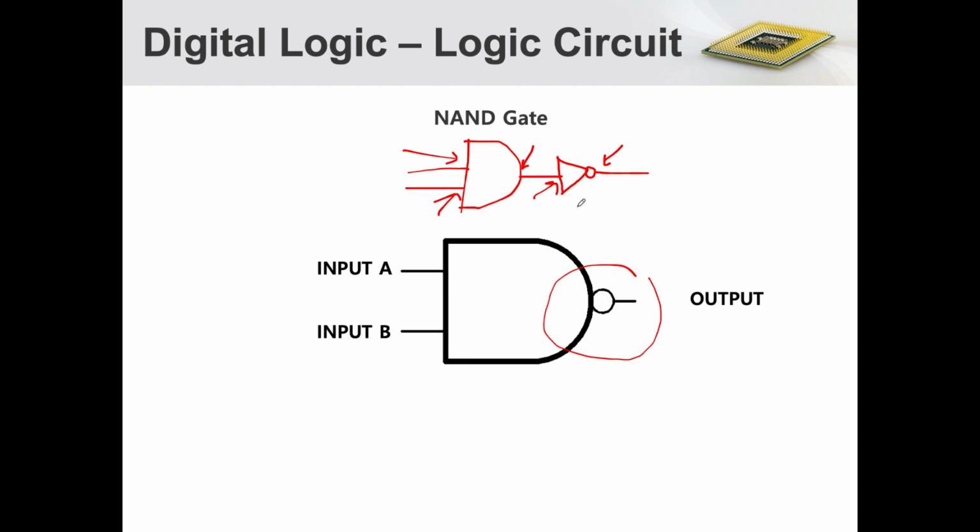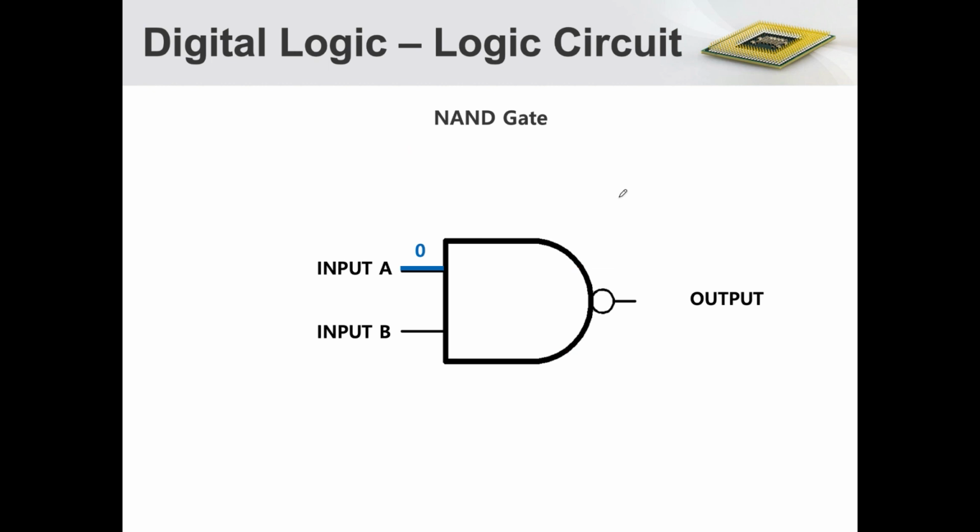So this is how it is represented. What about the truth table? Before we go to the truth table, let's look at the possibilities.